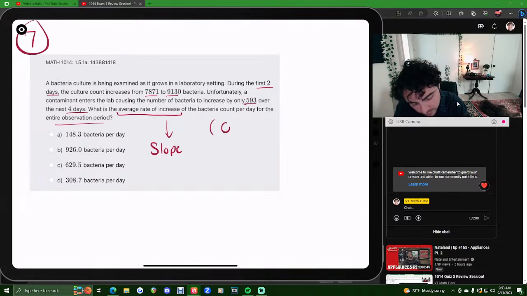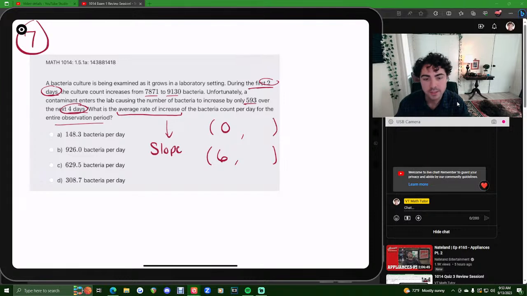So basically from time 0 to whatever the time value is at the very end. Well, how much time has gone by over the entire observation period? They say 2 days have gone by, right? But then an additional 4 days have gone by. 2 plus 4 is 6. So the entire observation period is 6 days.